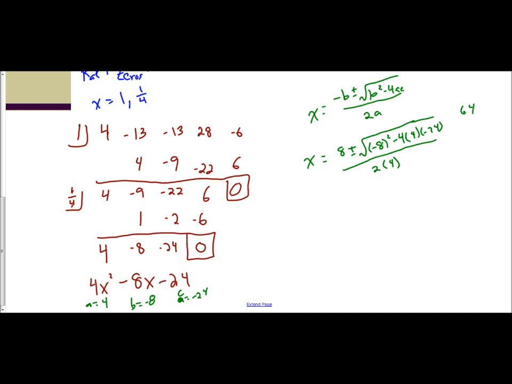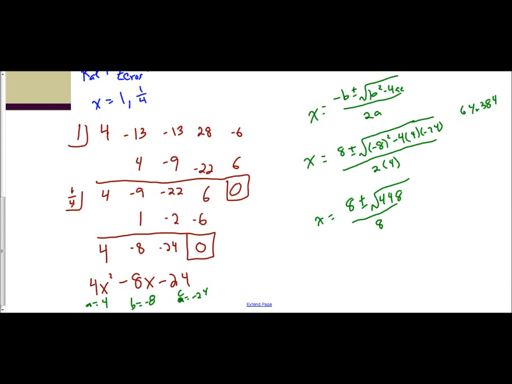So I have plus 384. And then twice a is 8. So I have 8 plus or minus the square root of 64 plus 384, which is 448, over 8. What do we always do to our radicals? We simplify.